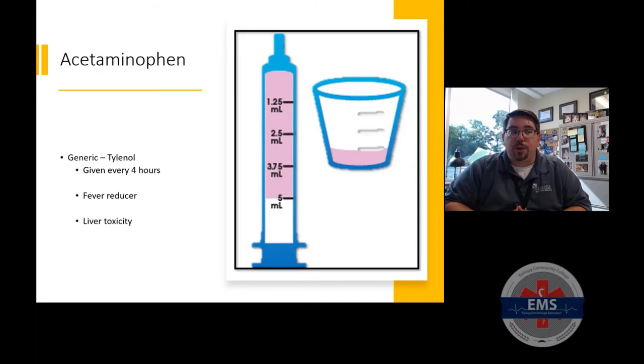One of the big concerns we have to worry about, though, is excessive use, which can lead to liver toxicity. Both medications, ibuprofen and Tylenol, can lead to toxicity if not properly regulated with the child. If you're dealing with a pediatric patient and you know that they've been responsive to ibuprofen or Tylenol and it's been used regularly in the past, it's not a bad idea to stick with that medication.